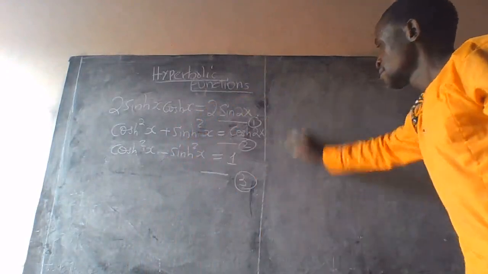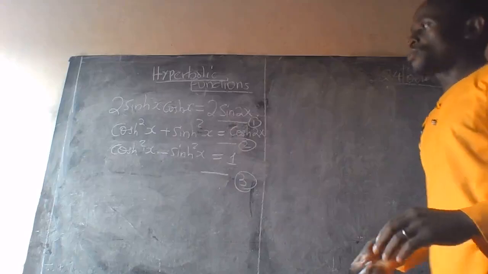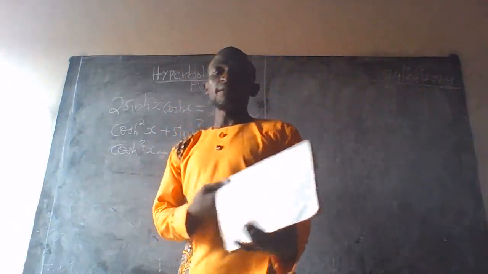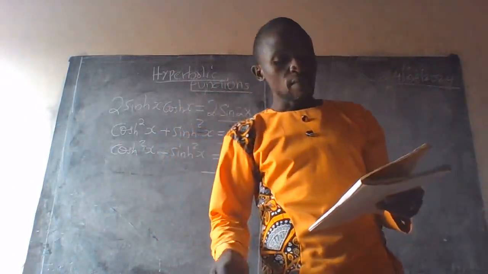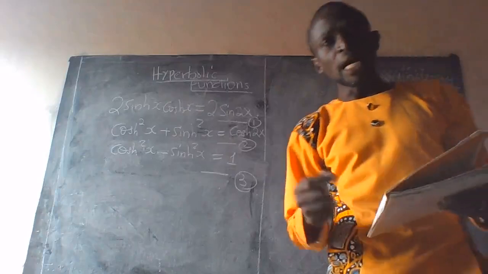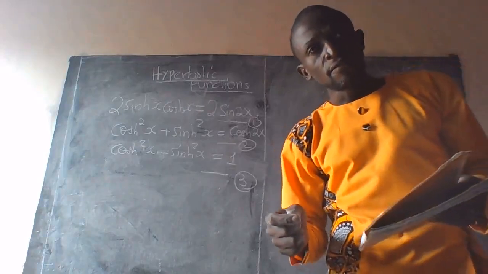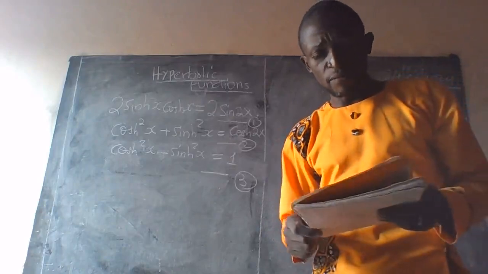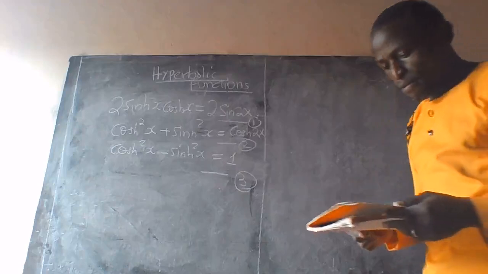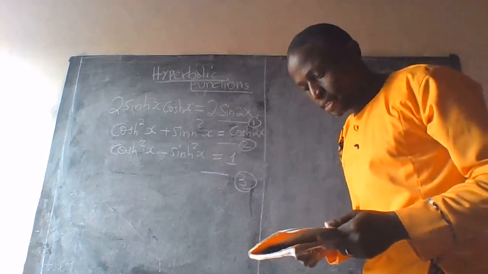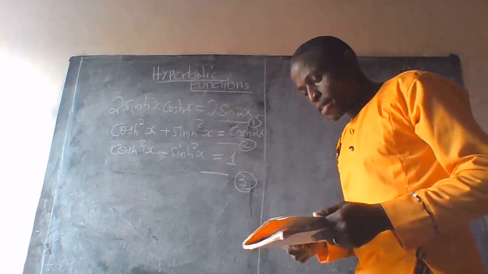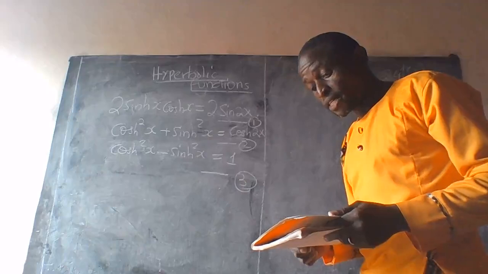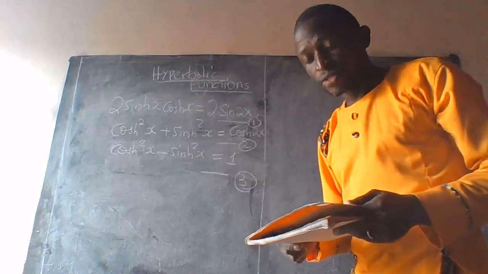So you can see that we can craft out the hyperbolic functions from the trigonometric functions. We can craft out the hyperbolic identities from the trigonometric identities.